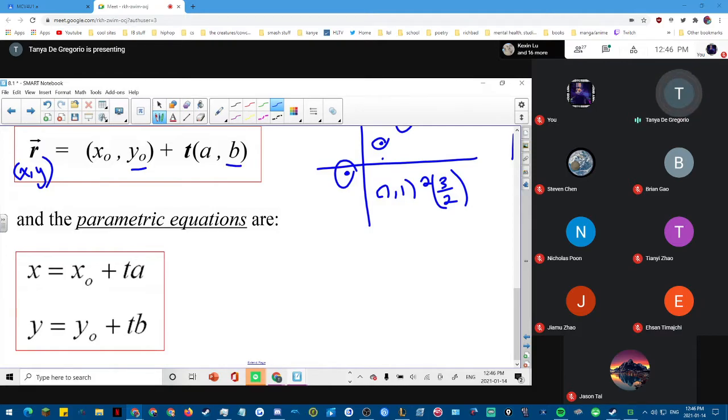And these are called parametric equations. It's just another way of writing a vector equation of a line. Are there any questions? Okay, good. Excellent.